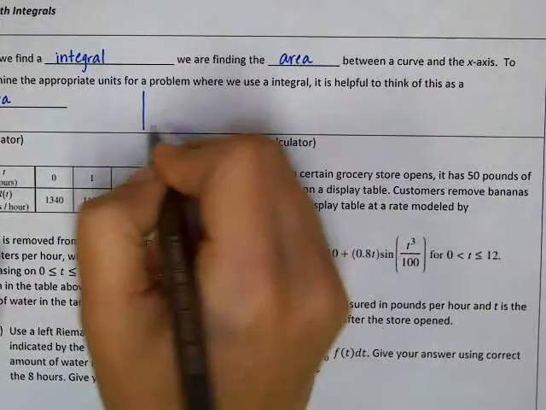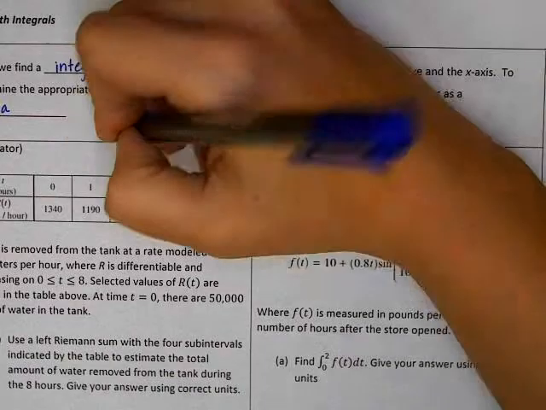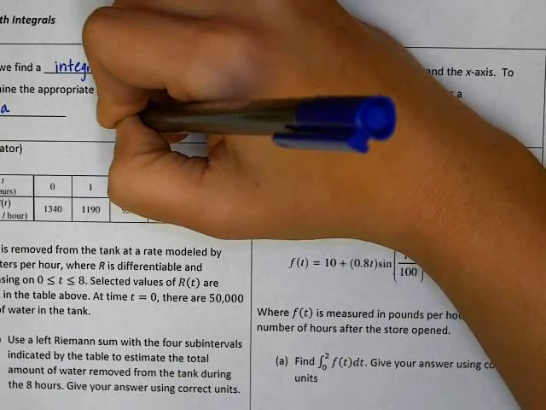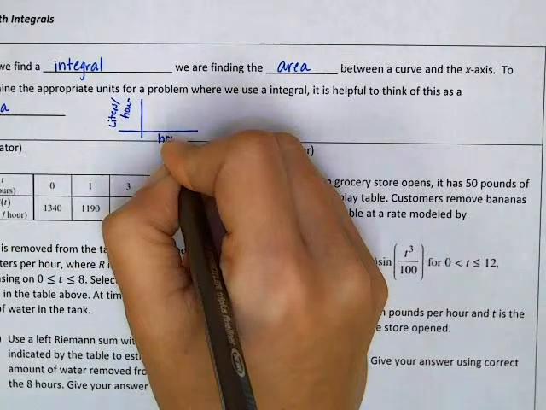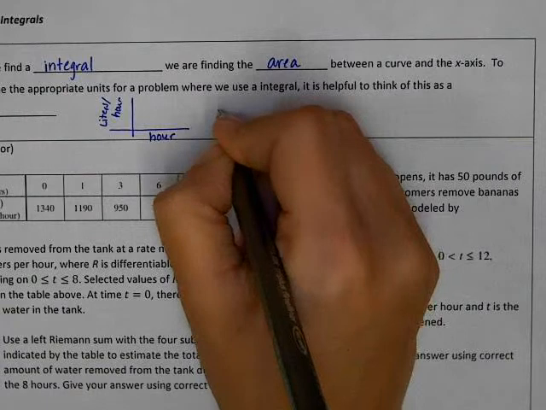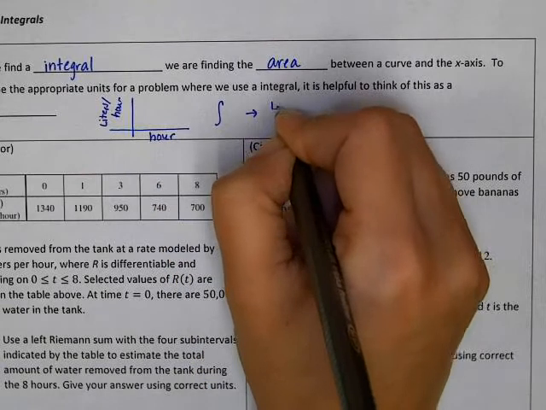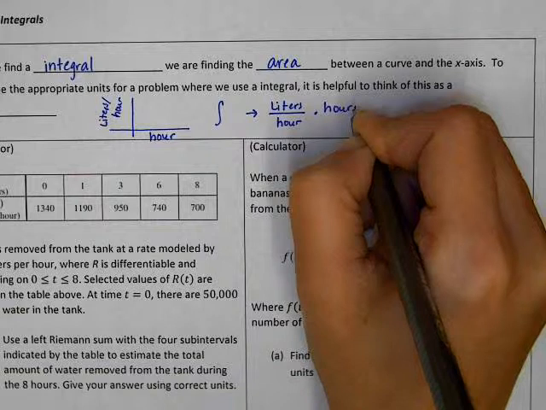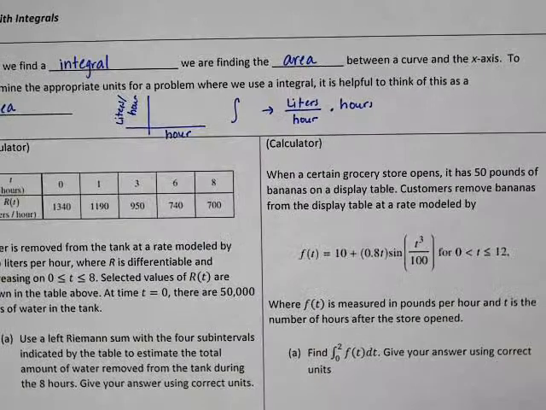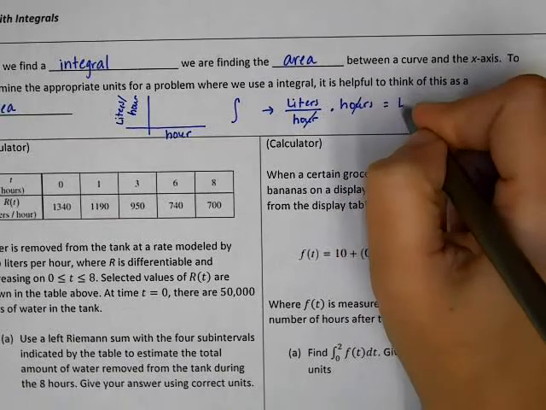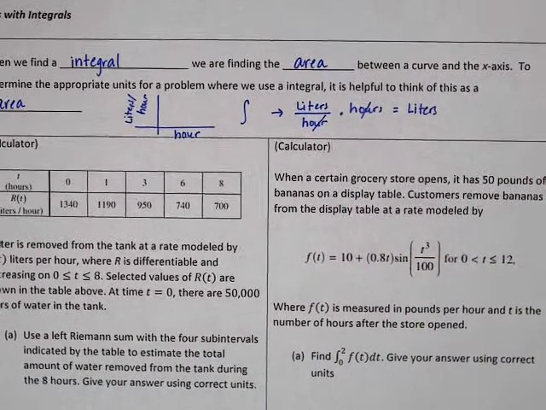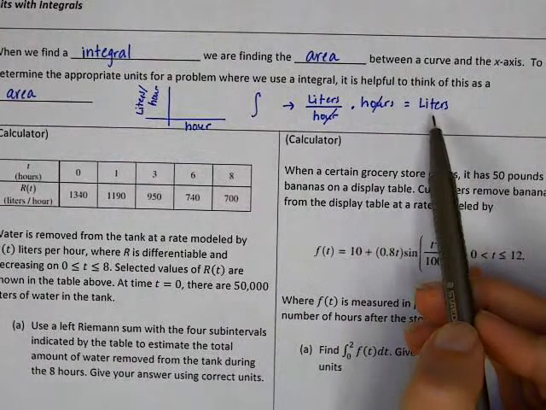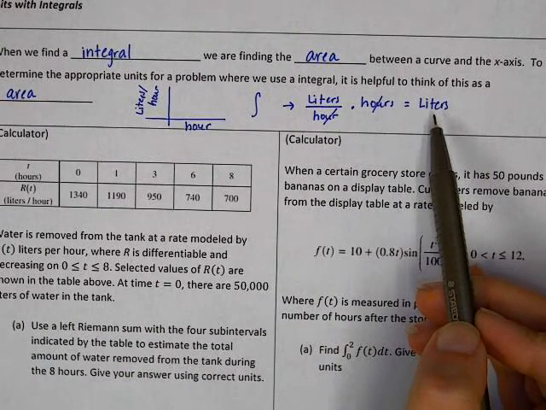For example, if I knew that on this particular problem, the y values of my function were measured in liters per hour, and the x values of my function were measured in hours, then when I find the area, the units are going to be liters per hour times hours, because area is usually base times height, which means the hours would cancel and we would just have liters. In other words, if you integrate a rate function like this, if you find the area, you're going back to the original amount of stuff that you started with, the liters.